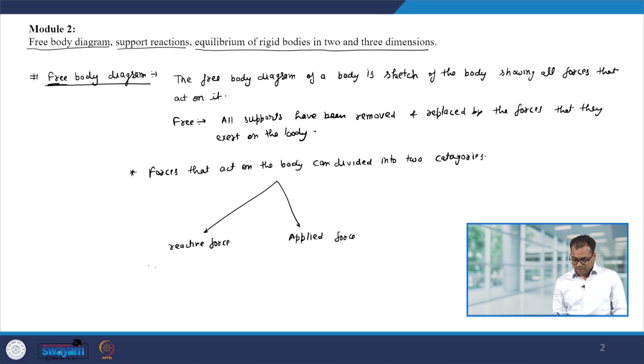Okay. So, in reactive force, for example, you have support reactions, and in applied force, for example, the force that you are applying, or let us call the weight is also the applied force.